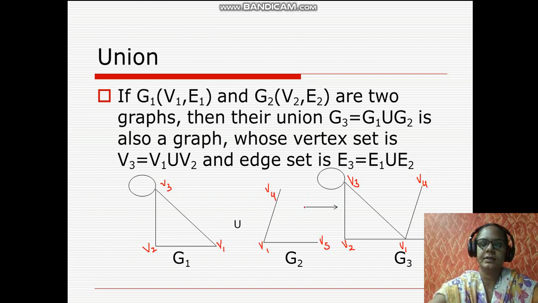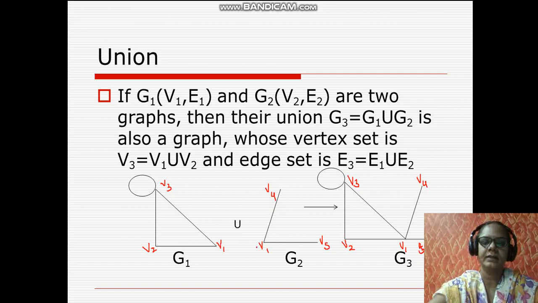Loop on the V3 vertex, V2 vertex, edge between V2 and V3, V2, V1 edge. Now V1, V5, and here you have at the end V5, so I'll just write V5 over here.